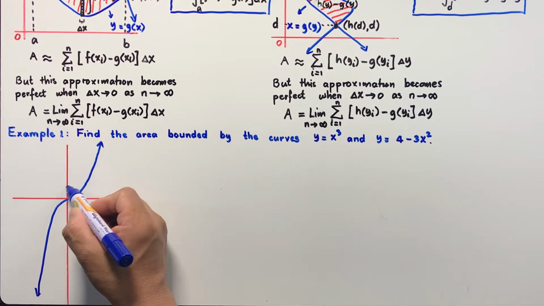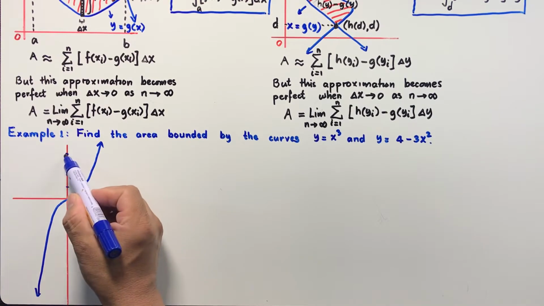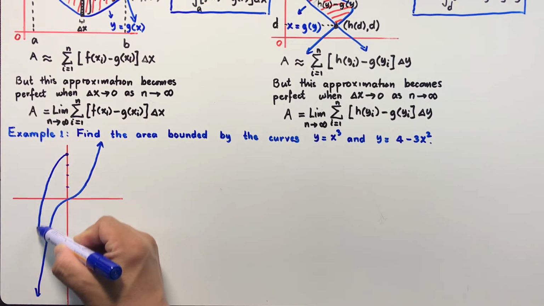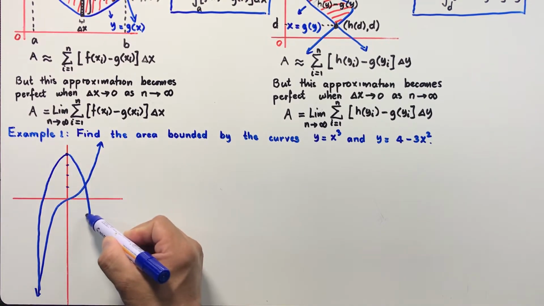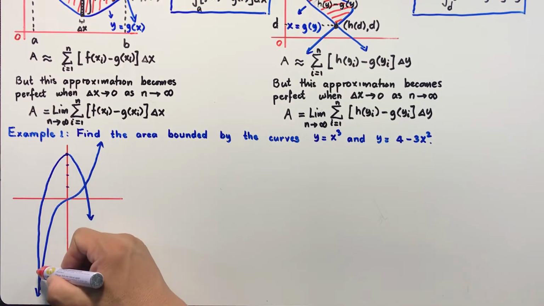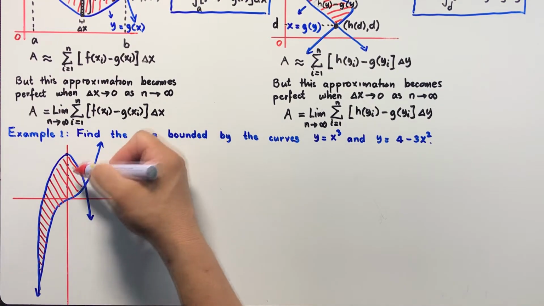So since the vertex is at the point (0, 4) and it's opening downward, we can sketch the graph of this parabola here. And the area that we want to find is this one here.